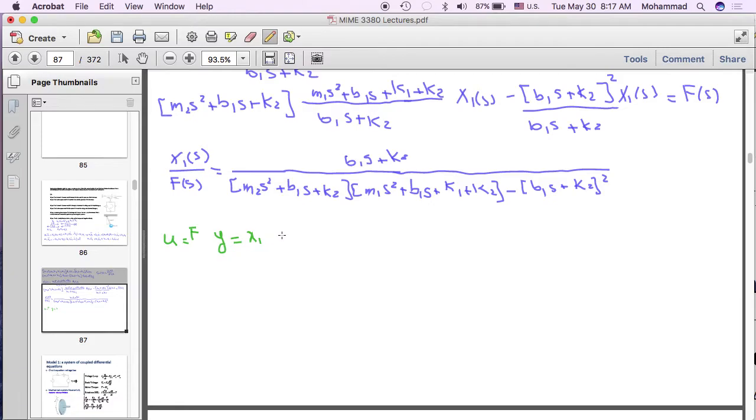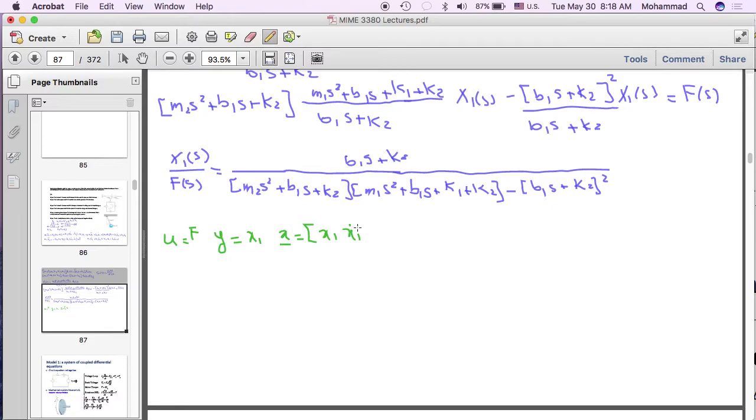So we need to decide about the x vector. What is going to be included in the state vector? What are the state variables? So these should be there: x1 and x1 dot. Anything else? What is the order of this system? We already know the order of this system is 4.